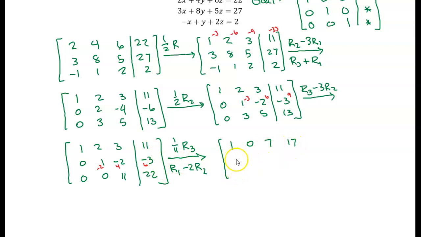Now I'm going to leave row 2 as it is. 0, 1, negative 2, negative 3. And then I said I was going to take 1/11th of row 3. 0, 0, 1, and 2. I'm getting closer. I've got the second column done. The first 2 columns look like my goal.